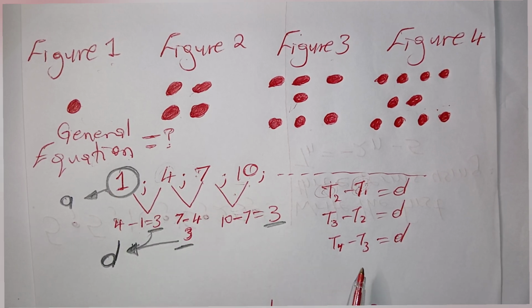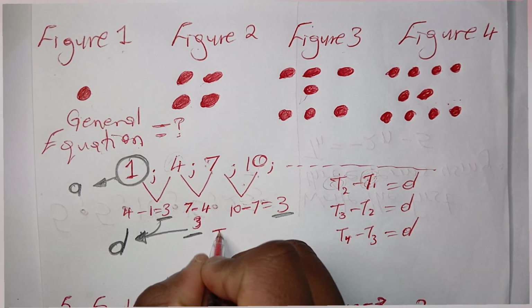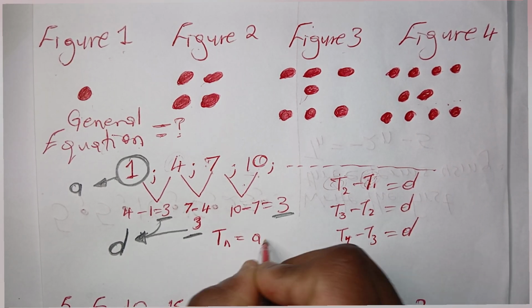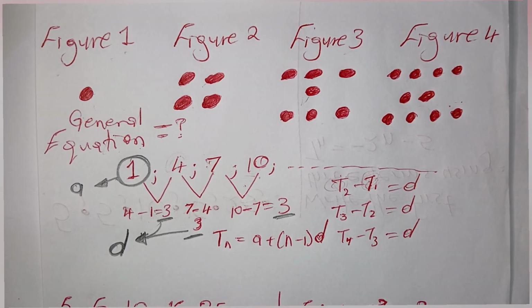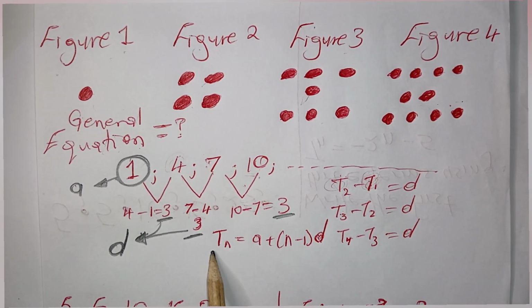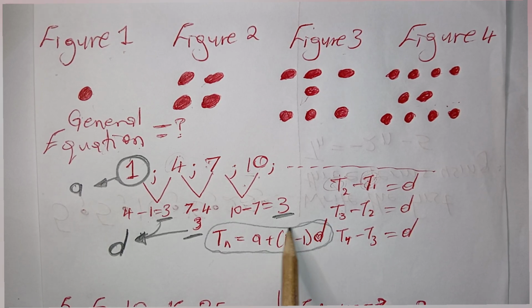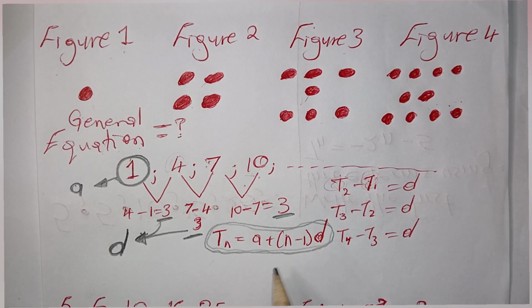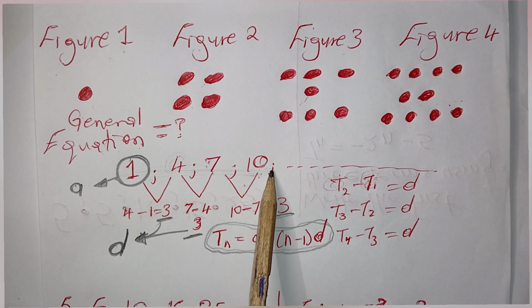We have a general equation for a linear pattern, which is Tn equals A plus (n minus 1) d. This is what we call the general equation. It is the equation we use to form the equation of this pattern.